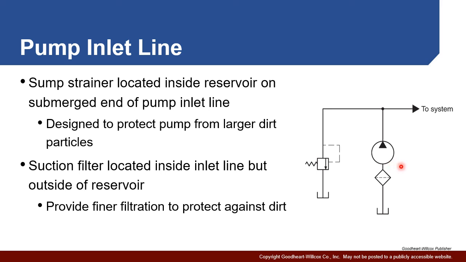So while it's a possible location, it does have potential problems, and unless you have some way of designing around it, generally small-scale filters are not common on the inlet side. Some strainers, on the other hand, are very common, and pretty much all industrial hydraulic systems have this strainer built right into it, submerged in the inlet line.